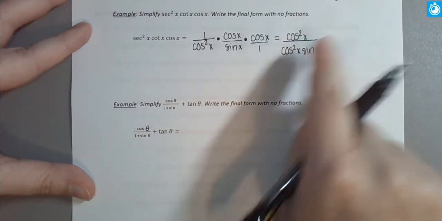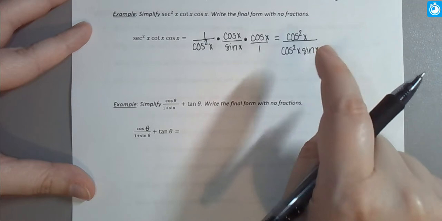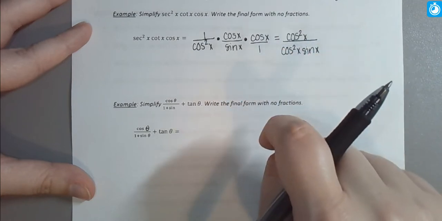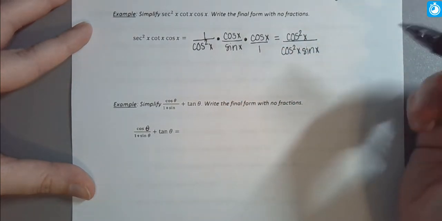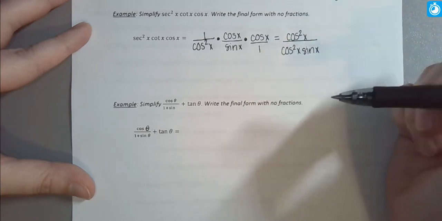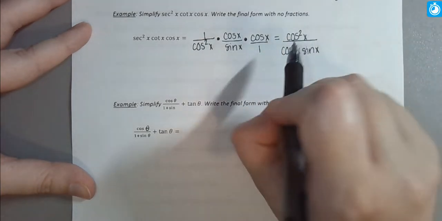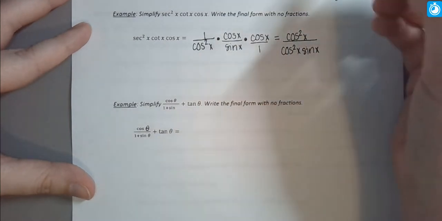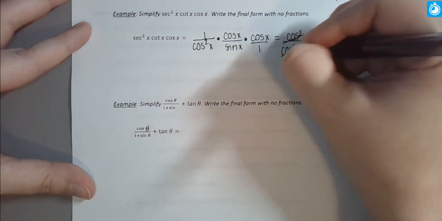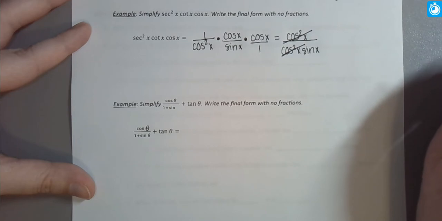So we really have 3 factors here. We have 1 factor in the numerator and then 2 factors in the denominator. So any factor that's common to the numerator and denominator reduces to 1. They divide out and reduce to 1. So notice we have a cosine squared in common, so that actually cancels out.